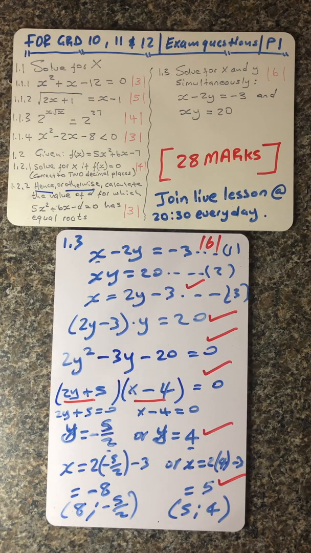So I hope at this stage you do understand that, especially those who are in grade 12, you know that for exam papers in grade 10, your first question or question 1 is about solve for x. In grade 11, question 1 is about solve for x. Also in grade 12, question 1 is about solve for x. So it's very much important that you know how to solve for x, because this first question is allocated a lot of marks, guys.